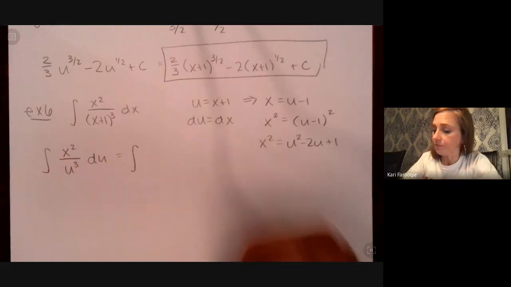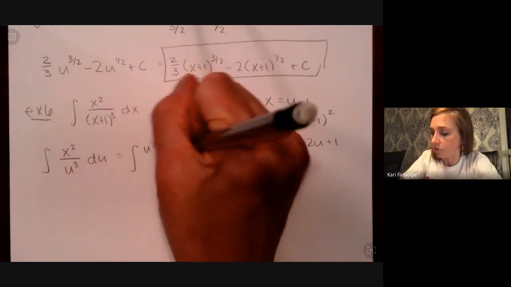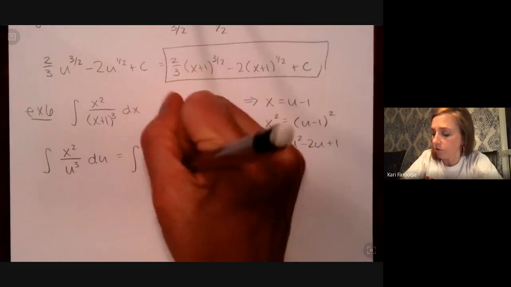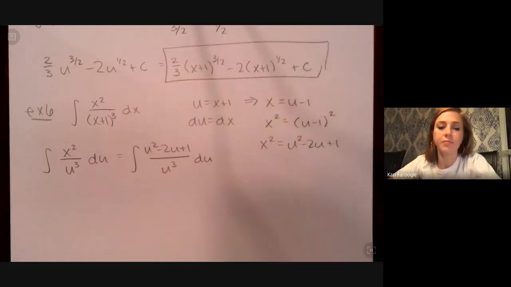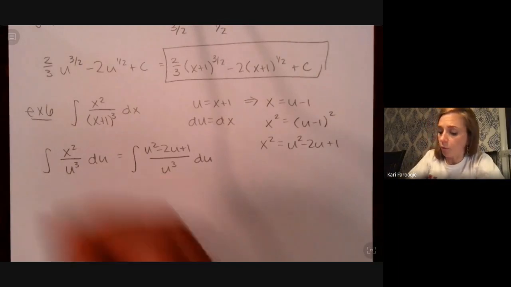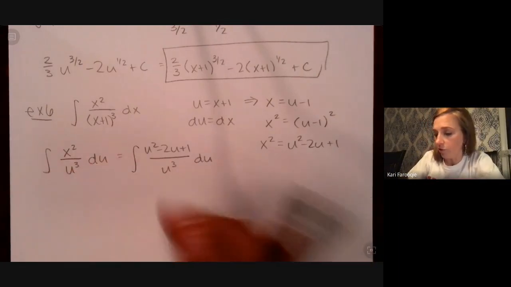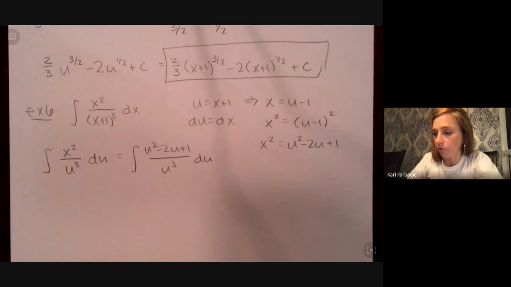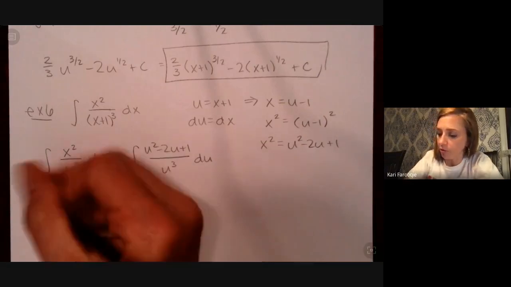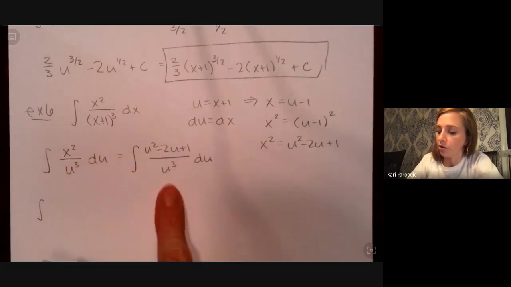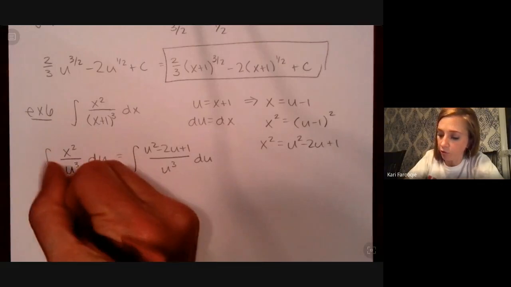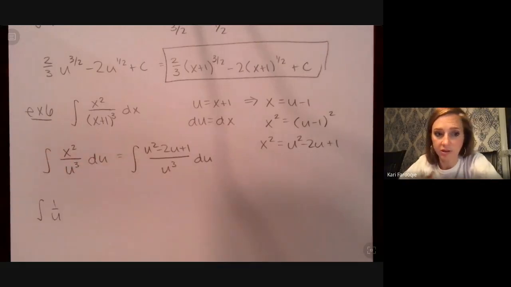X squared is u squared minus 2u plus 1. You're dividing that by u cubed du. And then you're going to simplify. Hopefully we're good enough at this now, especially with integer exponents, that we don't have to pull this out and do it separately. U squared divided by u cubed is 1 over u, which I'm going to leave like that because that's the special case where n equals -1.